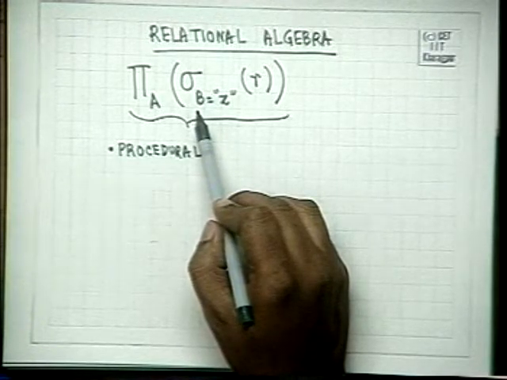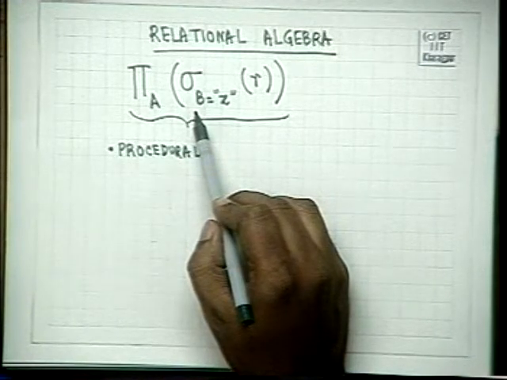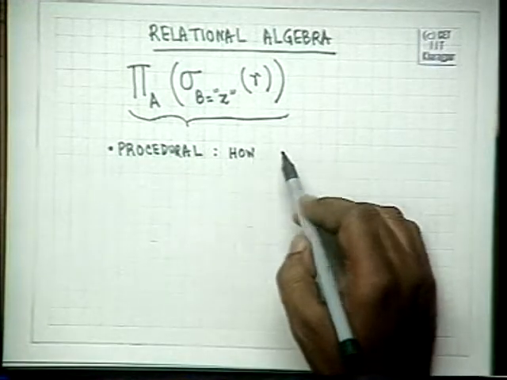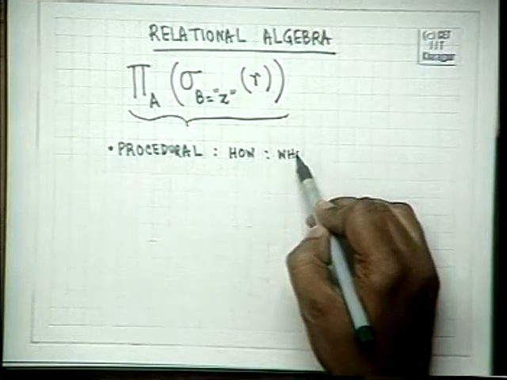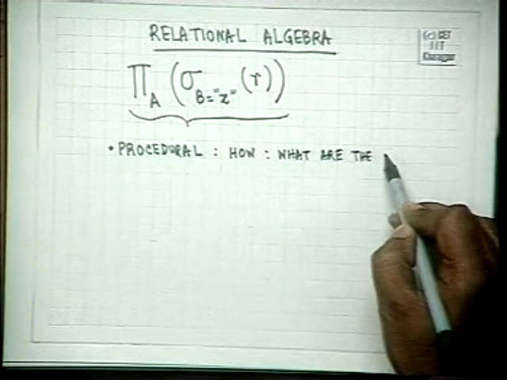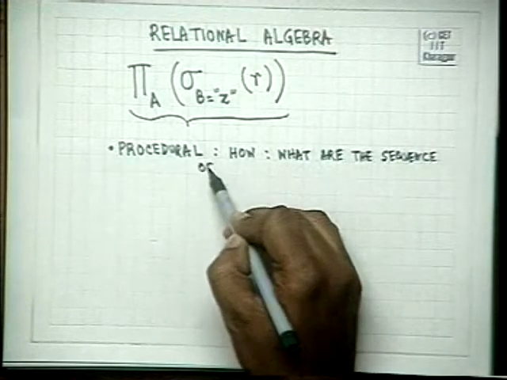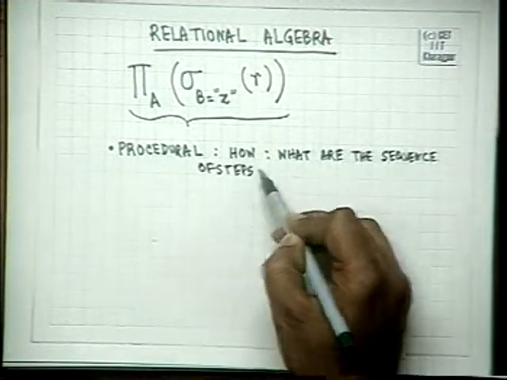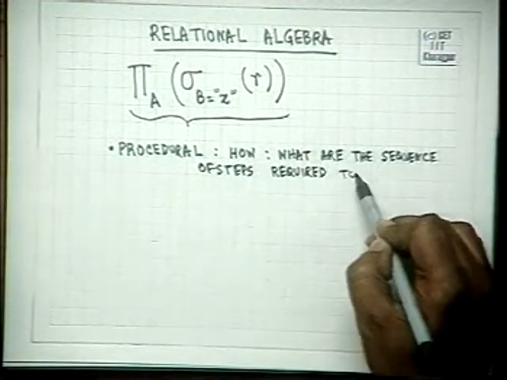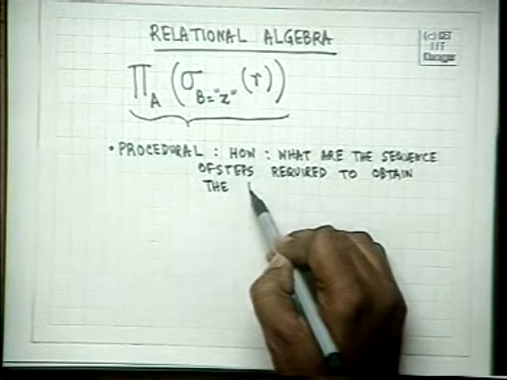In relational algebra you have to give in detail how to do it, in the sense of what the sequence of steps required to obtain the desired relation is.